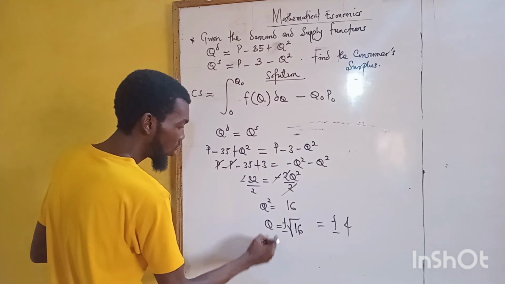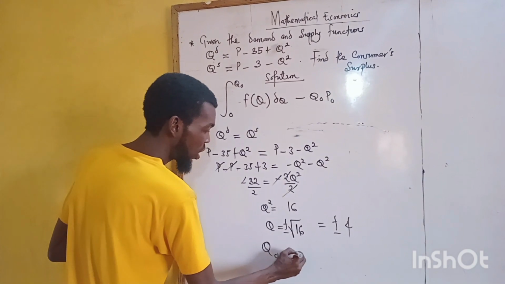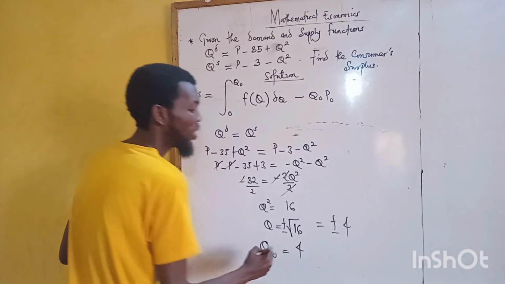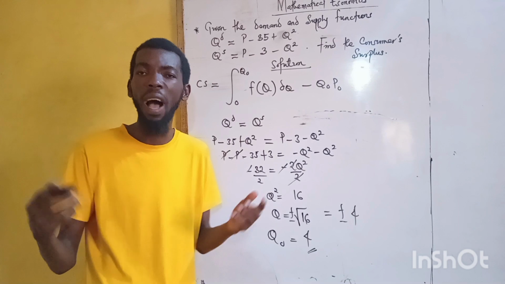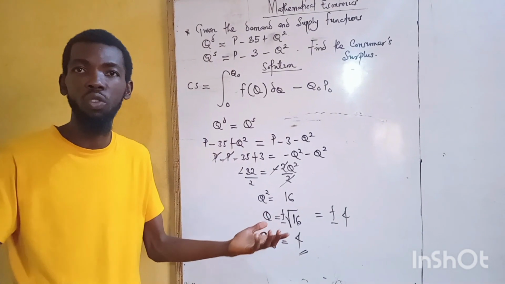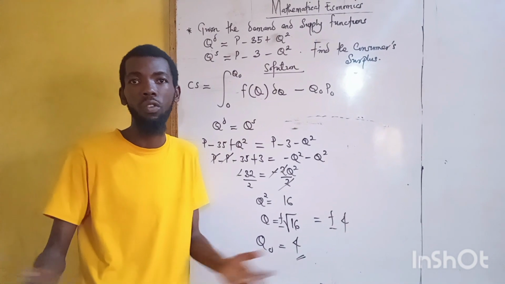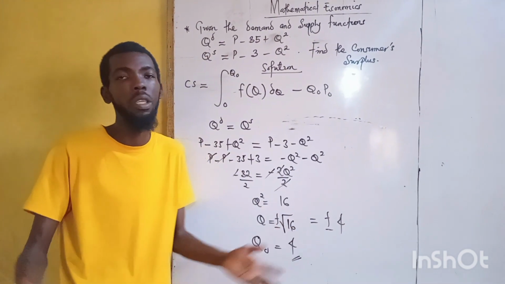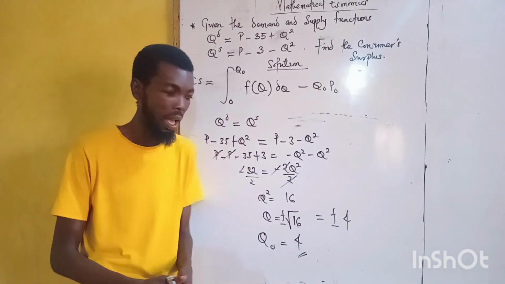So Q, which is what we are looking for and can be written as Q naught, is plus 4. Since it is impossible to get a negative output, it is not possible for you to go to the market and purchase a negative value. How many commodities did you buy today? I bought minus 4 commodities. It's not possible. And that is why we are making do with the positive answer.